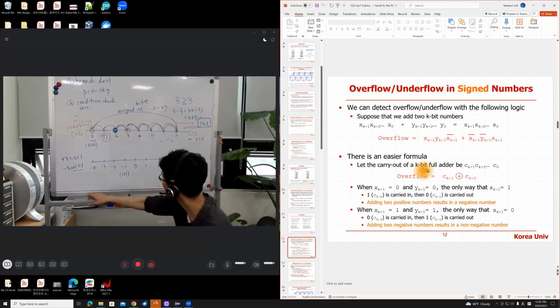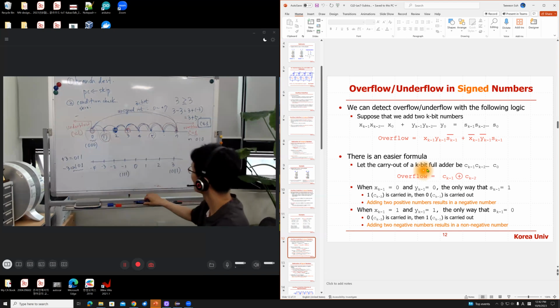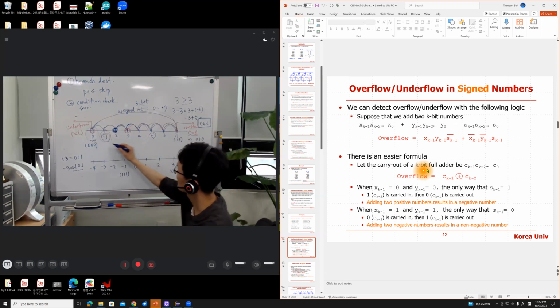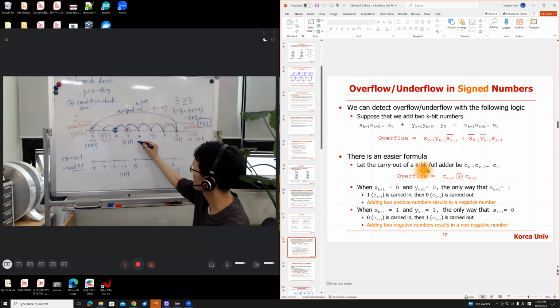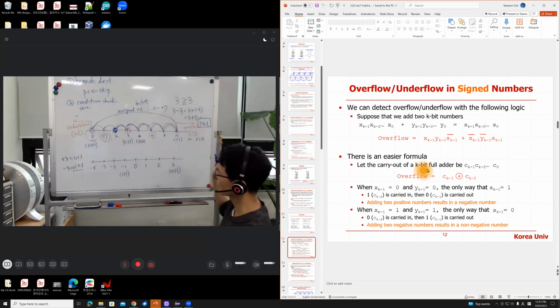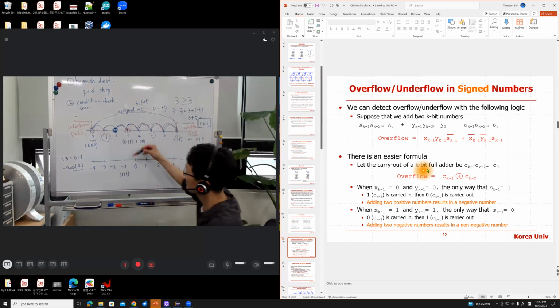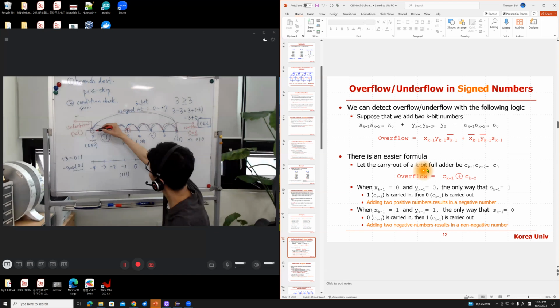So let me write it down, right? So 0 to 7. 7 is what? 1, 1, 1. Right? And 0 is 0, 0, 0. 3 is 0, 1, 1. 4 is what? 1, 0, 0. And then you do the math, right? So if you compare these two, signed number and unsigned number, it looks like this, right?